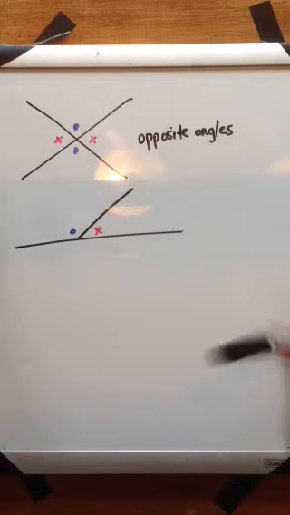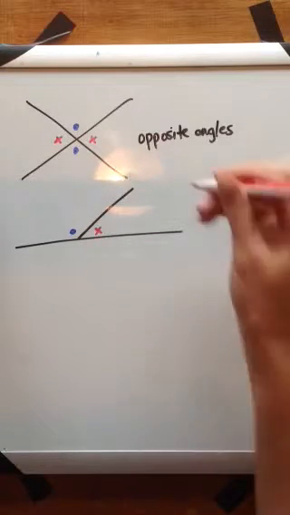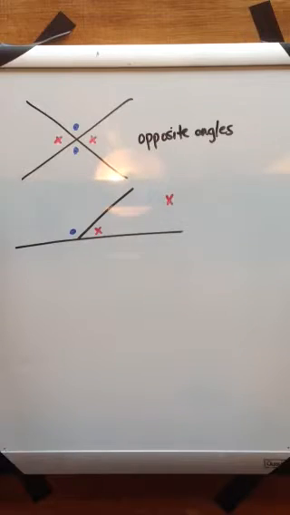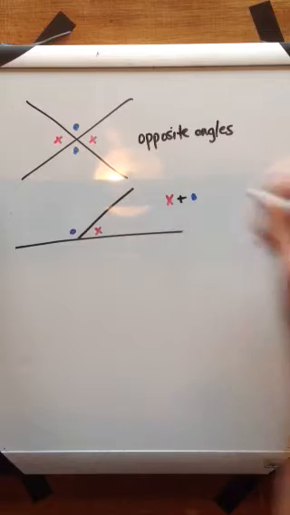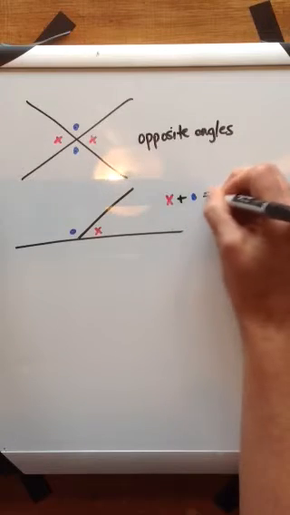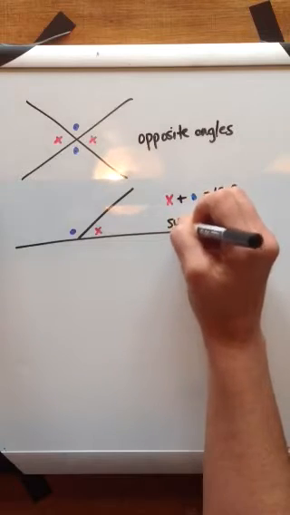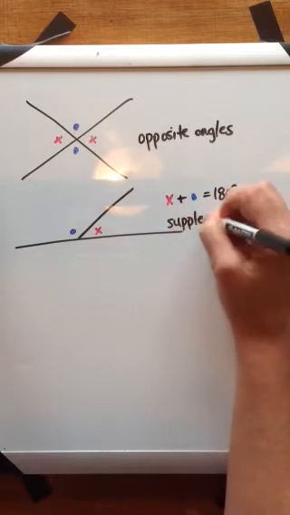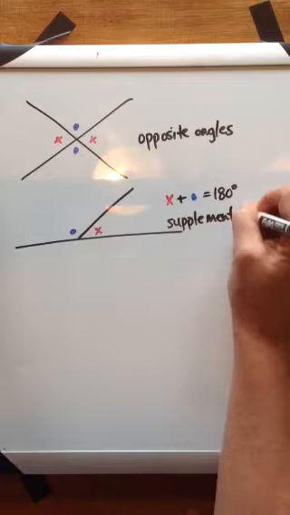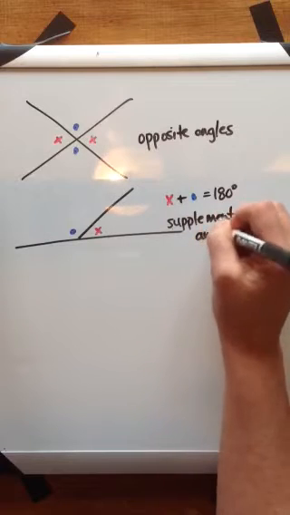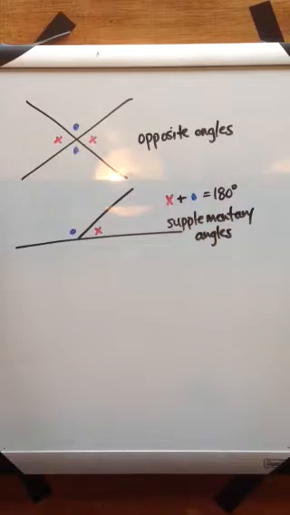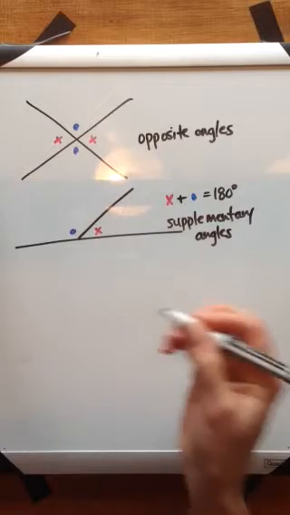And that relationship is the fact that the x and the blue dots, when added together, are equal to 180 degrees. And we call these supplementary angles. So as long as you know the value of one of them, you can easily find the other.